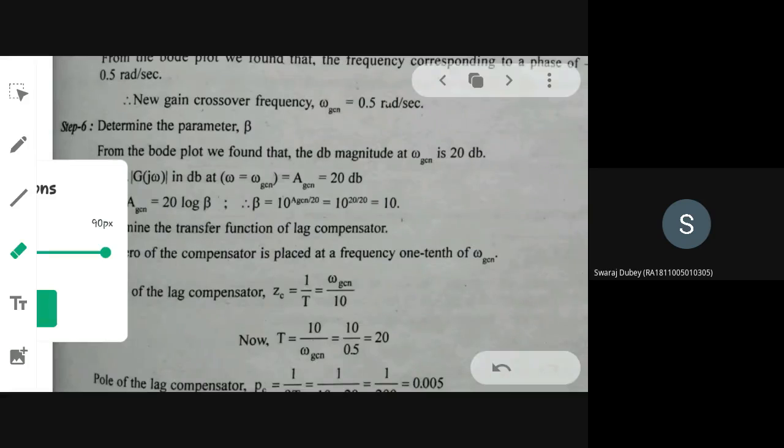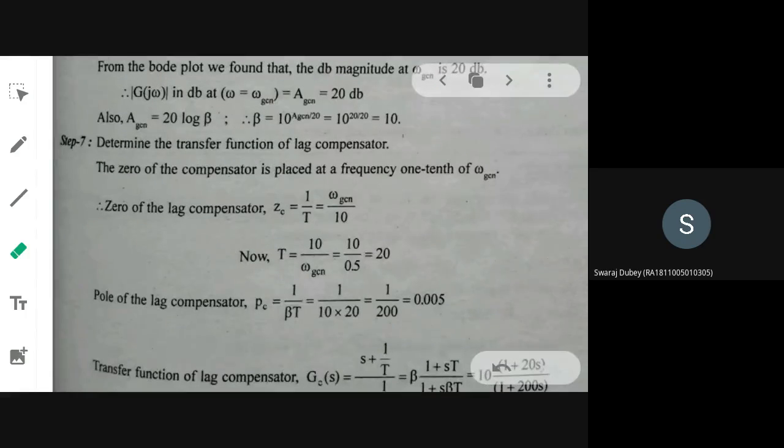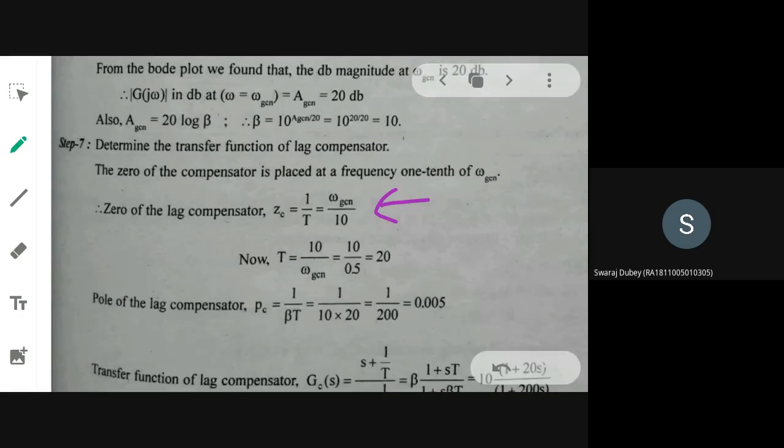So again, next step. The zero is in the numerator, 1 by T. That is given by what formula? Omega GCN by 10, that is, omega GCN by 2T. So from this you multiply 10 divided by omega GCN, so 10 divided by 0.5.